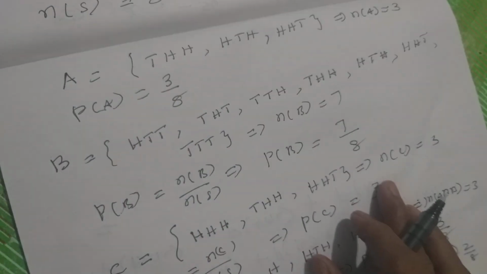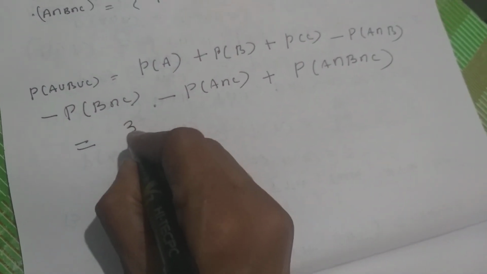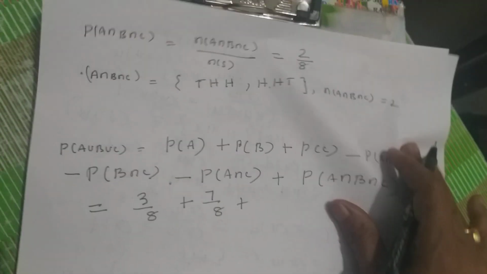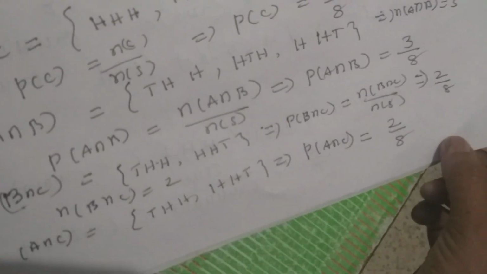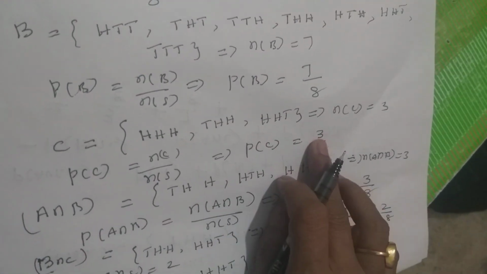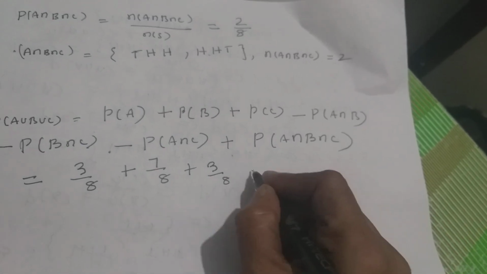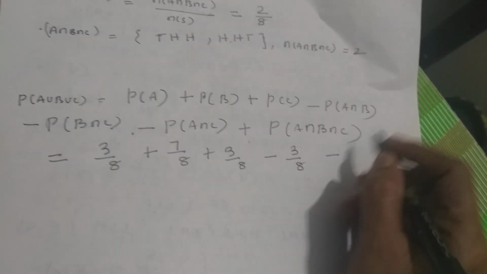The value of P of A is 3 by 8. P of B is 7 by 8. P of C is 3 by 8 and A intersection B is 3 by 8, so minus 3 by 8.